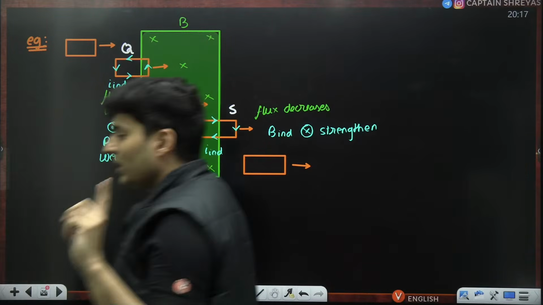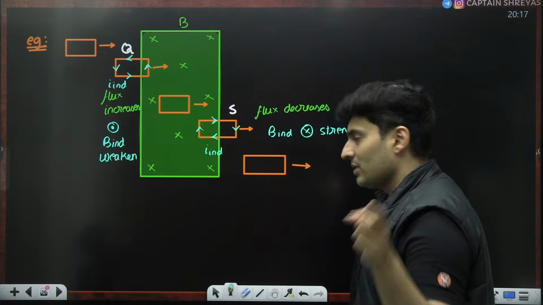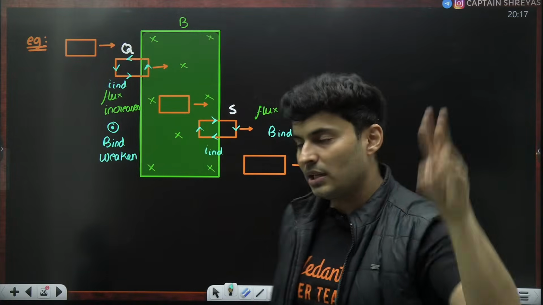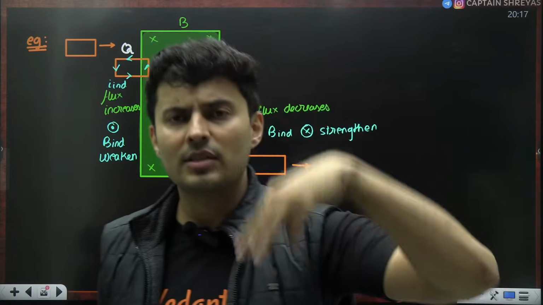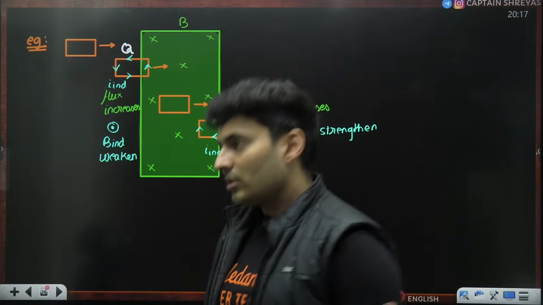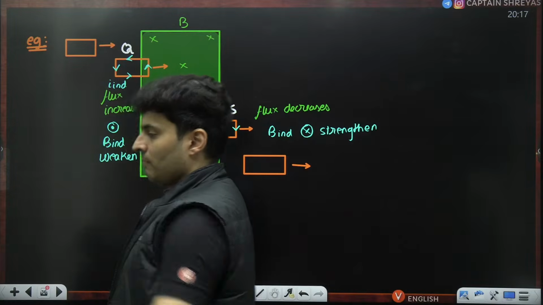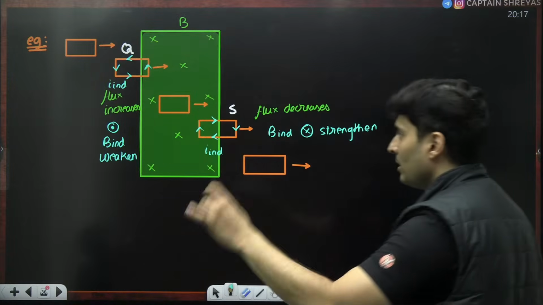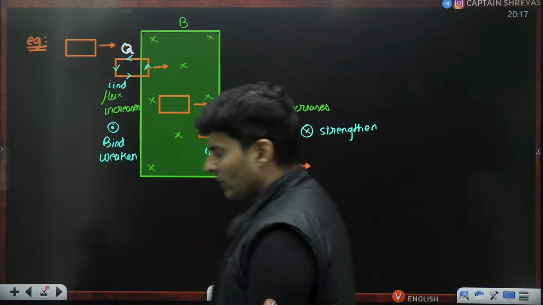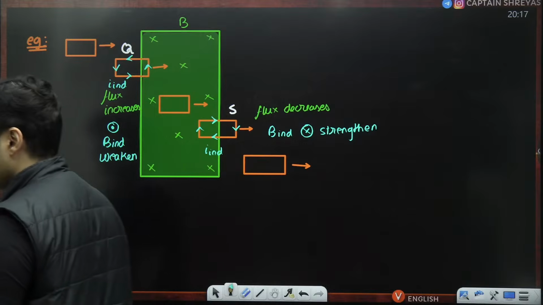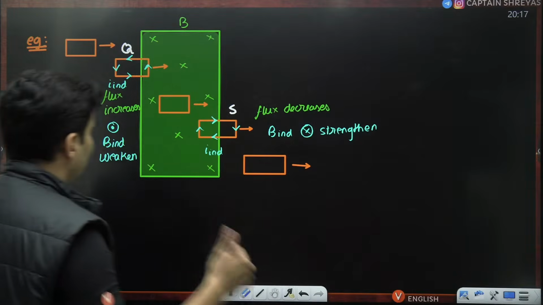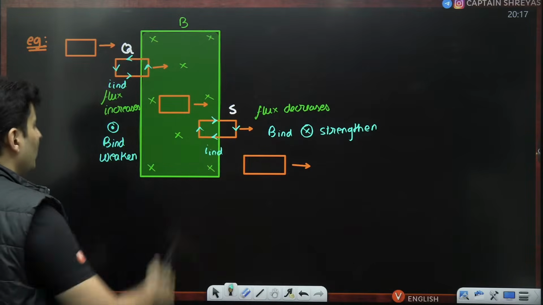No, the current won't increase if the velocity is constant, because if velocity is constant, EMF is constant. If EMF is constant and resistance is constant, current is constant. So that's the reason why the current won't change linearly, it will be constant, because velocity, magnetic field and the other things are constant, so EMF comes out to be constant.